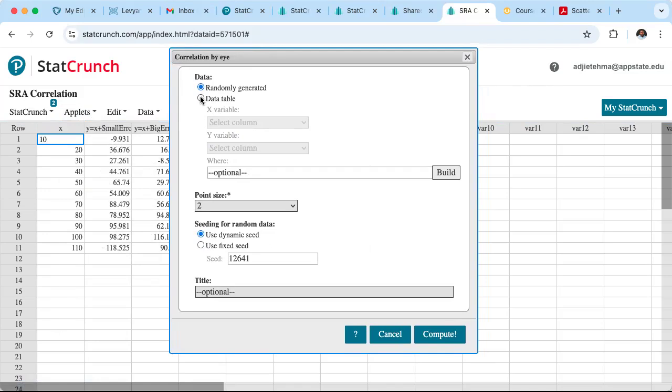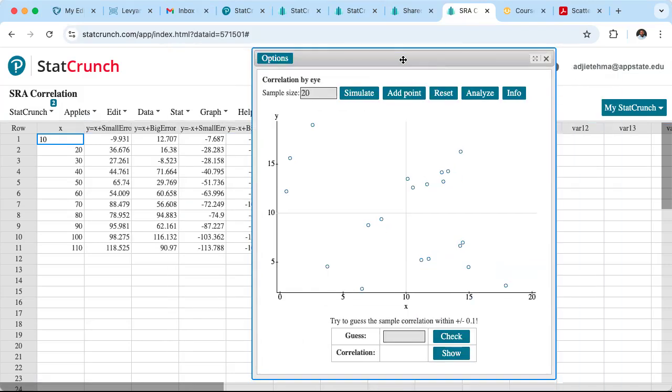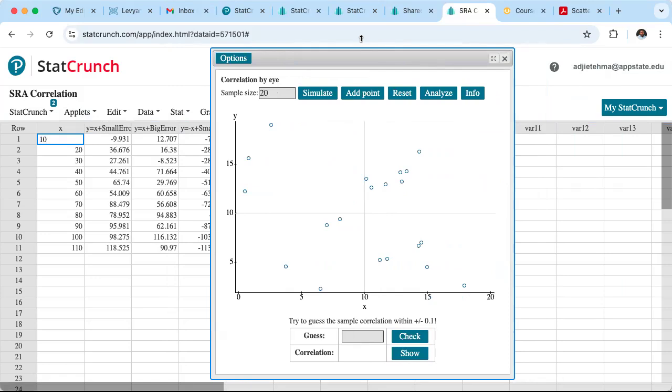If you have a table, you could put in the table here, and then you select and then you compute. But I don't have anything here. I want it to randomly generate for me. Is that okay? So I leave the random generated and I hit compute. Now, at your level, the sample data point is small. Okay, let me try to increase it to say 40, so we have more to guess. Does that make sense?